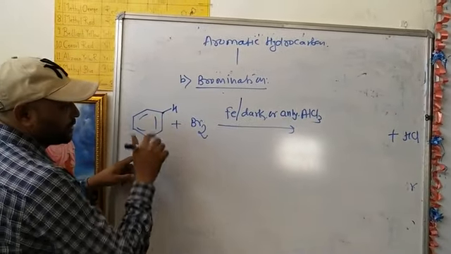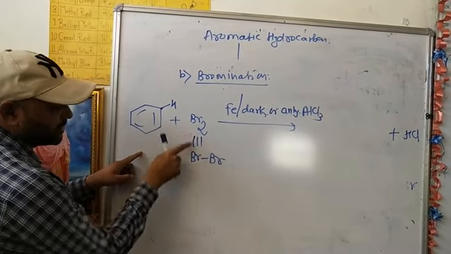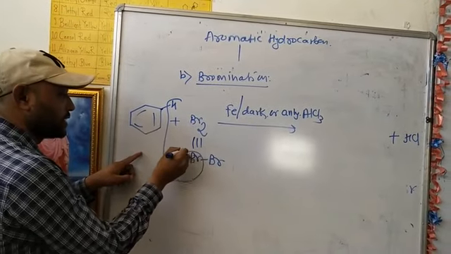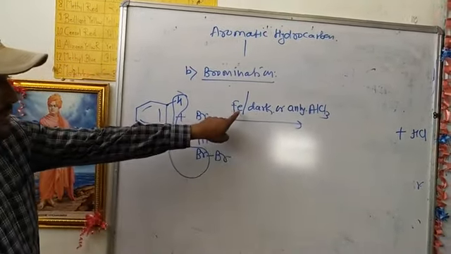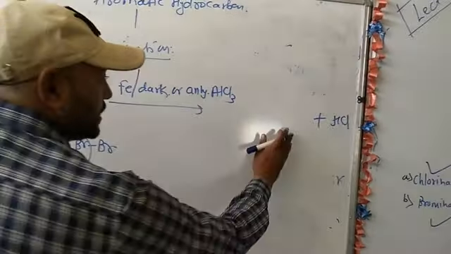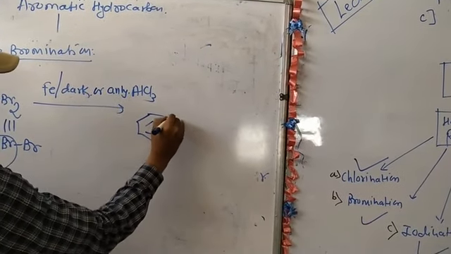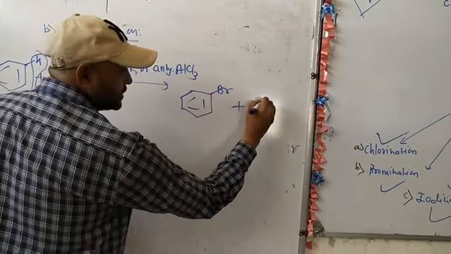So we can replace the hydrogen by bromine. This can be written as Br single bond Br, and this hydrogen is substituted by this bromine in presence of Fe dark or anhydrous AlCl3. So the product is bromobenzene plus HBr.